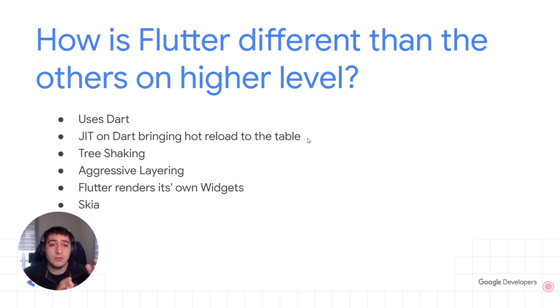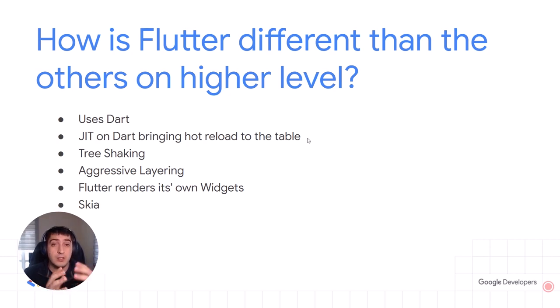It uses aggressive tree shaking, so basically whatever code you don't use is left out of your project. It will not be compiled in. Also, it uses aggressive layering, meaning that the architecture pattern followed in Flutter uses layering a lot. One thing I mentioned before is that Flutter uses its own widgets.